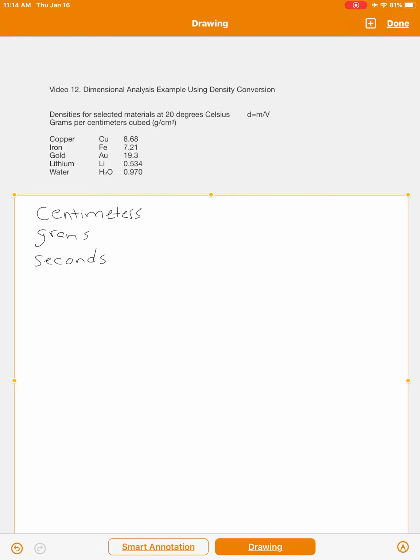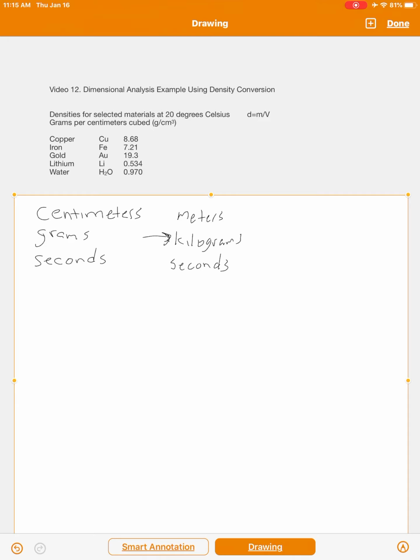And we're going to convert that into what's called the MKS system, which is meters, kilograms, and seconds. So CGS into MKS. Okay?